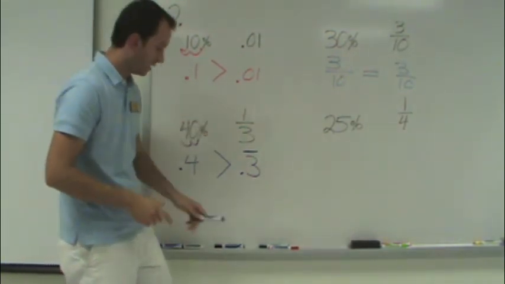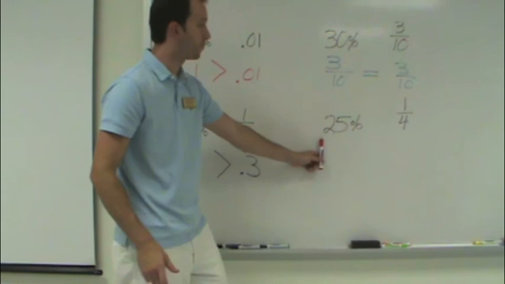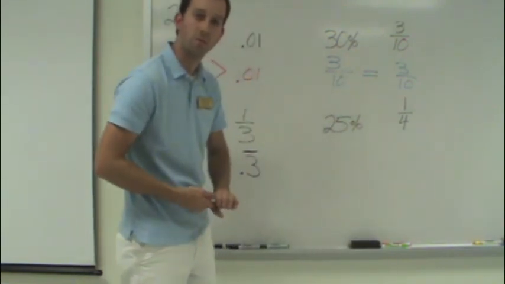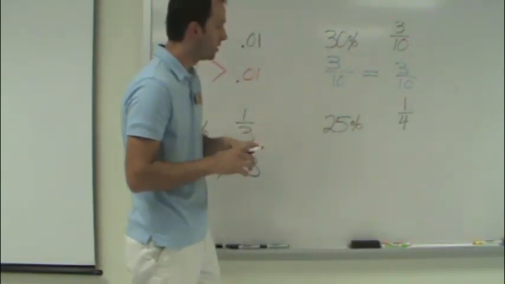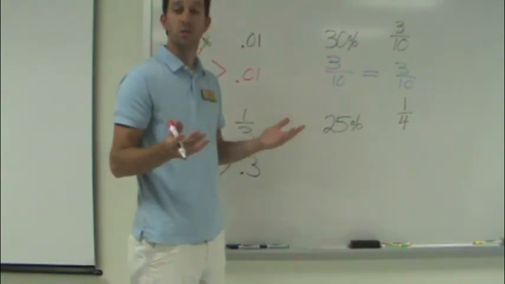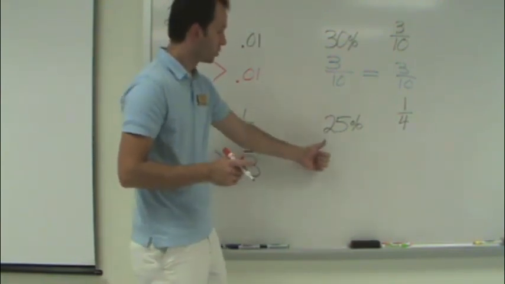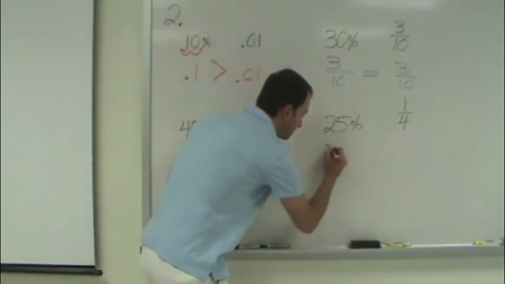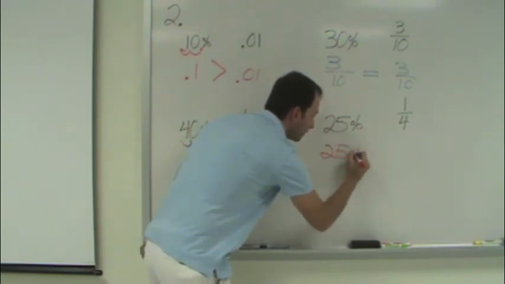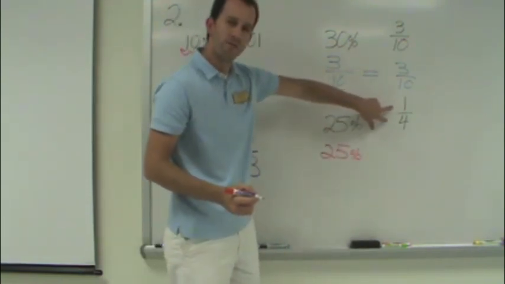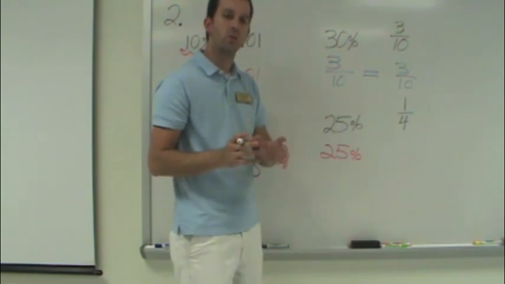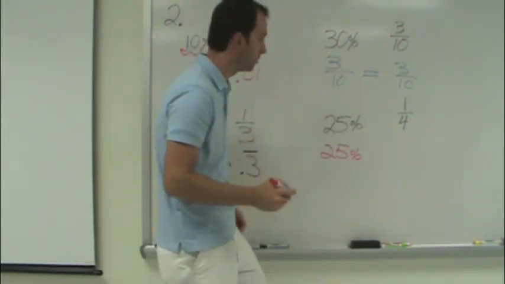And lastly, let's look at 25% compared to 1/4. We are going to, for this problem, change them both to percents. Why not? We haven't done it yet. 25% then will stay the same. And 1/4, to change to a percent, we're going to want a denominator of 100.